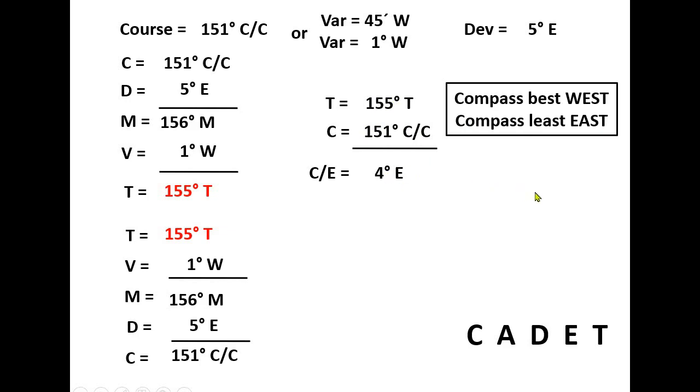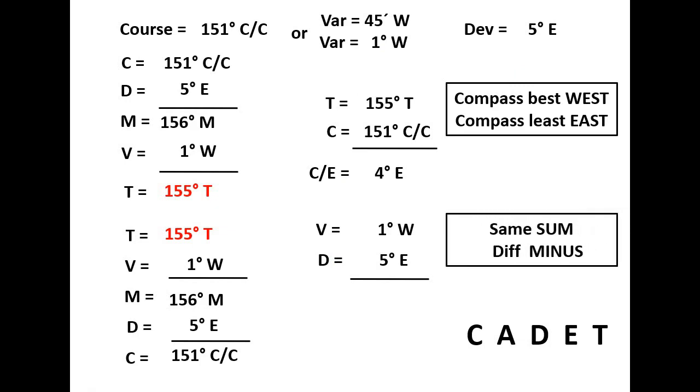Another check: the combination of variation and deviation is also compass error. Variation is 1 west, the deviation is 5 east. So of course the answer is 4 east. Why 4 east? Because same sum, different minus.